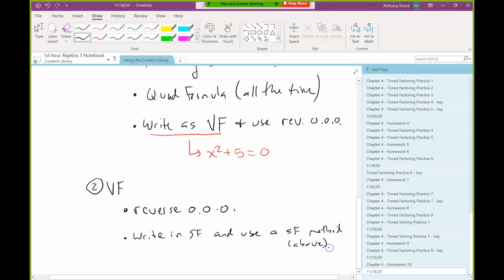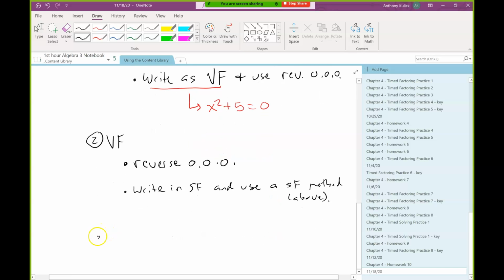And I'm not going to rewrite those because we just had them above. And then the last situation we had was a quadratic in intercept form.